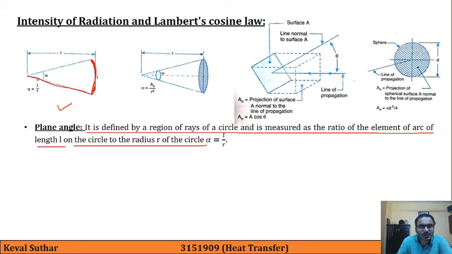So this is the standard formula for plane angle, where alpha is equal to L upon R, that is angle is equal to arc upon radius. So this was the standard formula that we were studying.